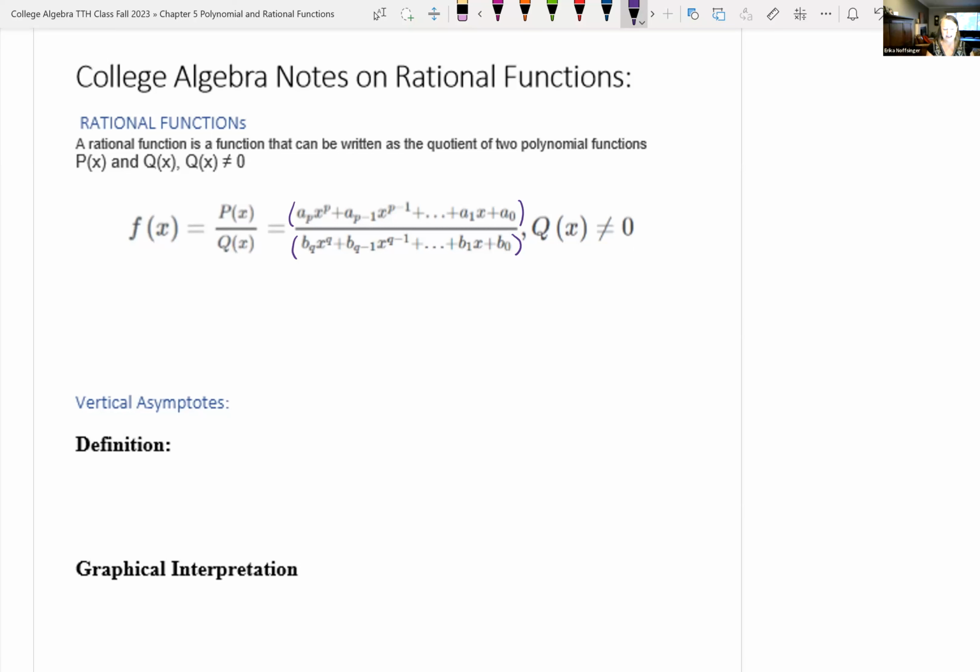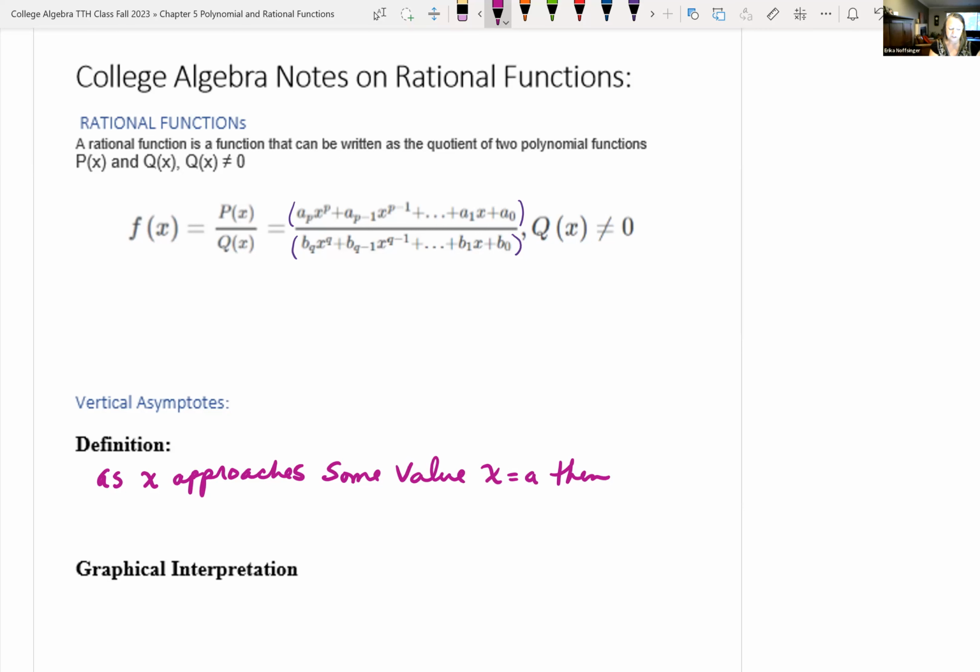So let's first look at what it means to be a vertical asymptote. So with a vertical asymptote, what's happening is as x gets closer and closer to one value, let's say a, so let me write it here, as x approaches some value, x equal a, then what's happening to our graph is either shooting up to positive infinity or shooting down to negative infinity.